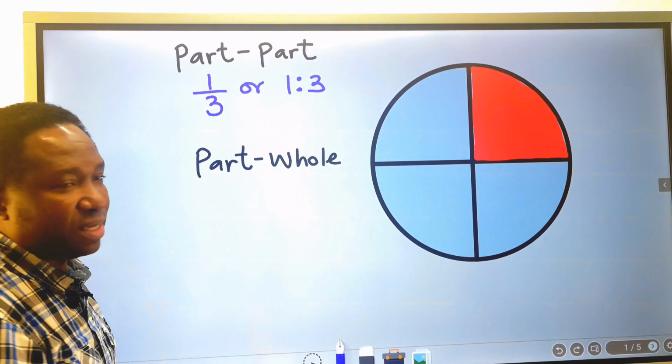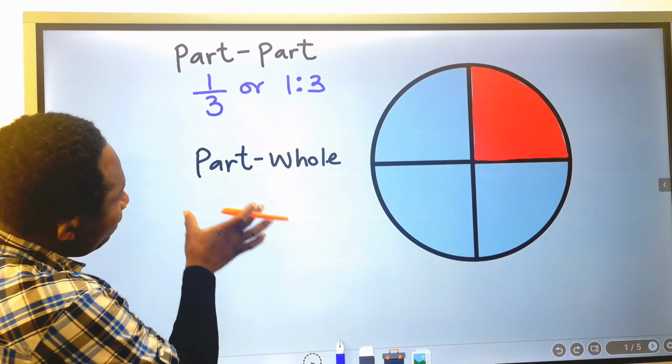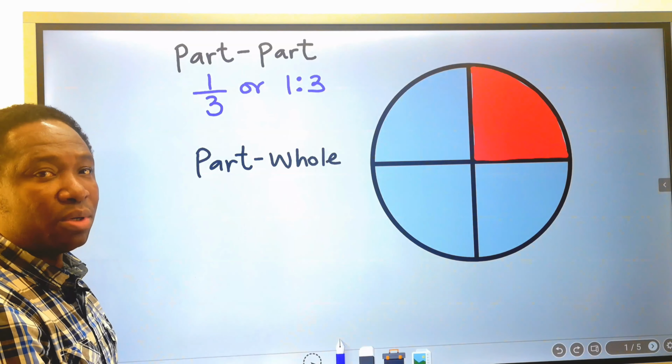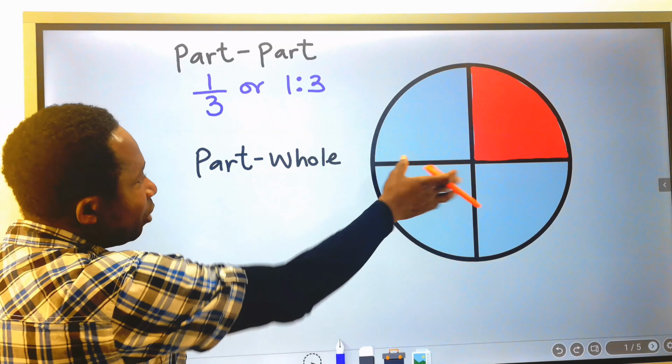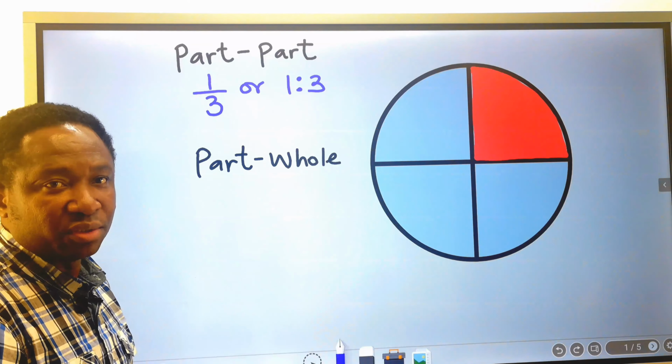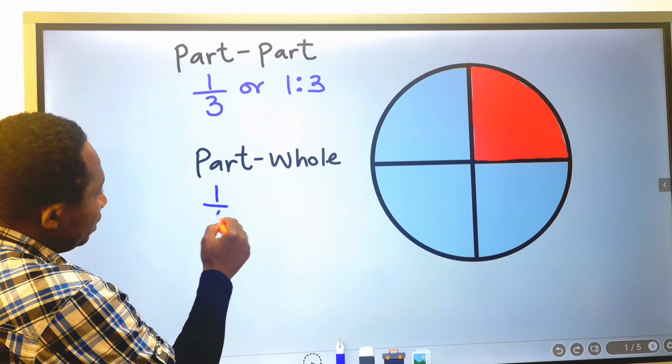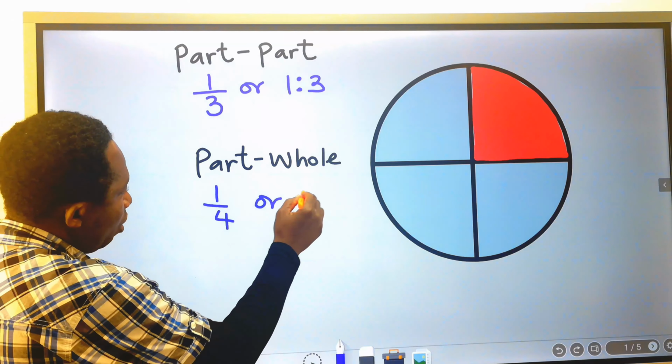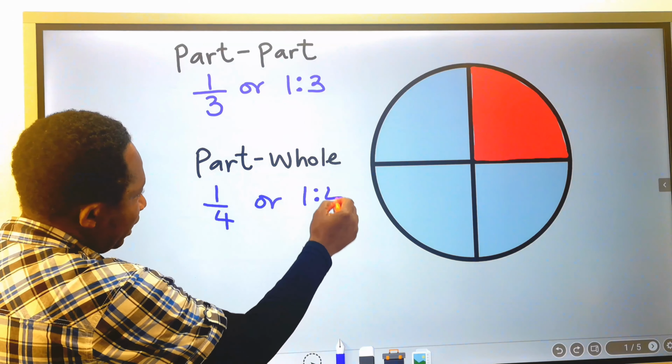Both are the same thing. And for part-to-whole, I will now consider the part that was shaded with respect to the whole division, which is 1:4, or we can write it in this form.